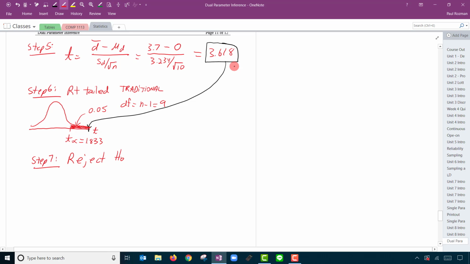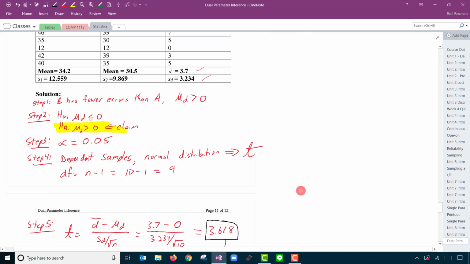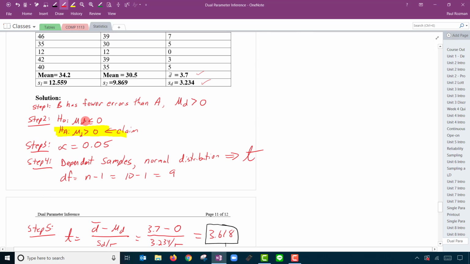And then step 8 is our conclusion. We just need to figure out what does it mean to reject the null hypothesis. So I'm going back to my setup here. Rejecting the null hypothesis means I am supporting the claim. And we're doing so fairly strongly because we know the probability of our error is 5%.